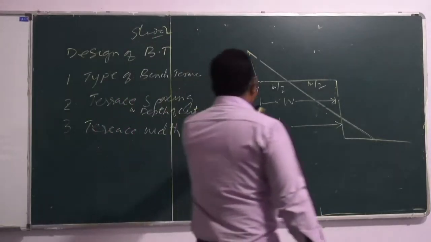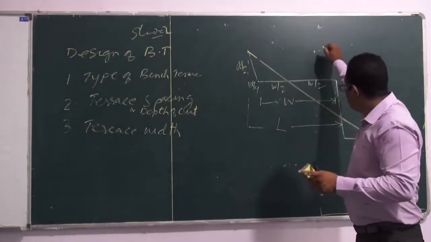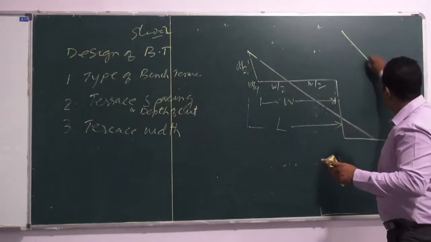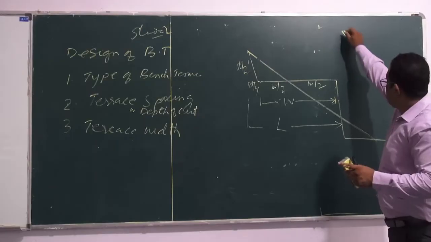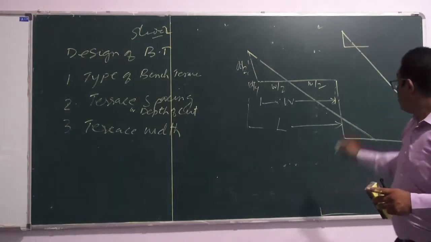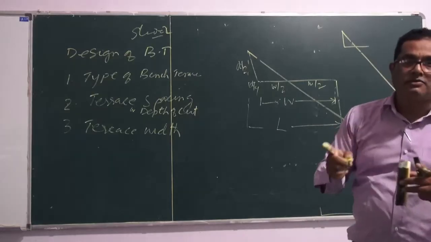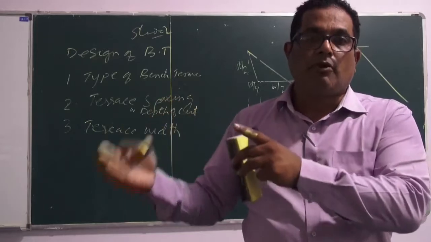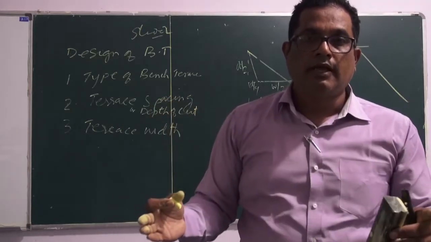Again, the steeper the slope, the narrower will be the terrace width, because for cutting the soil, we have certain limitations. We cannot go beyond a certain limit, 1.5 meters.